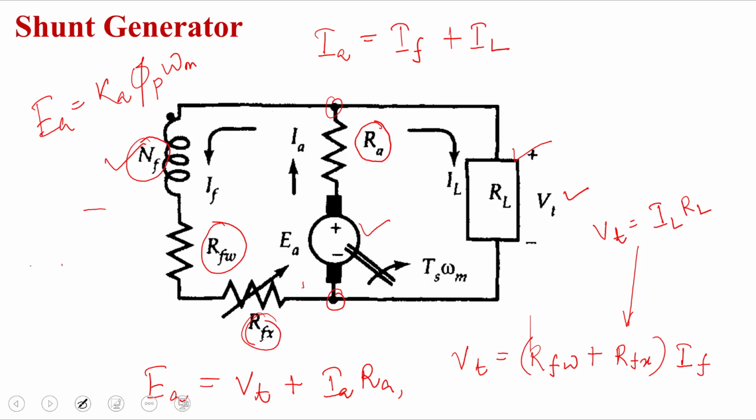Flux is equal to flux density into area. This A is the cross-section area. It is constant. And then B, how can you vary it?